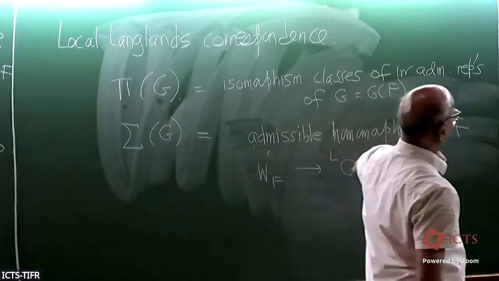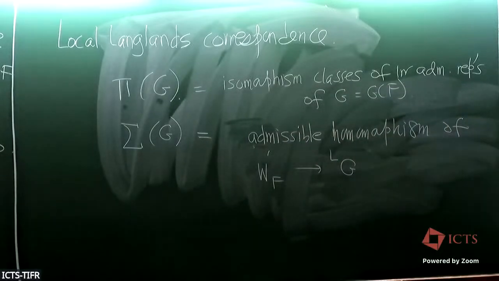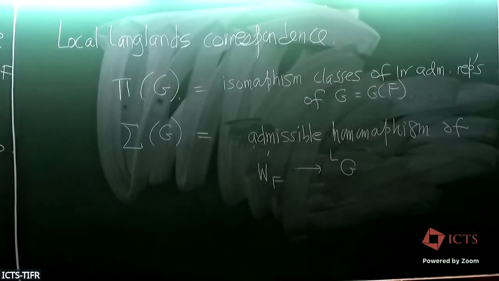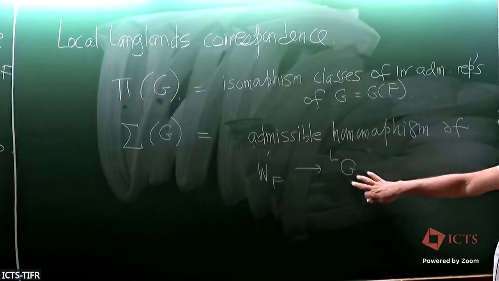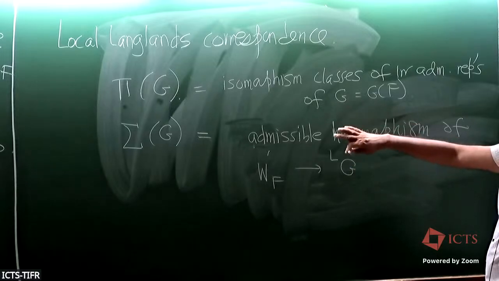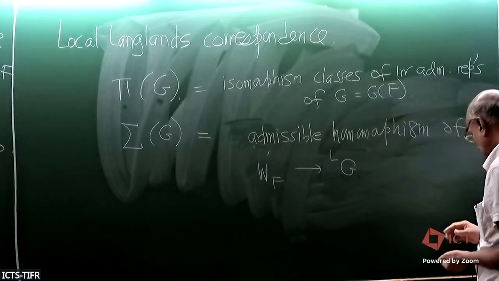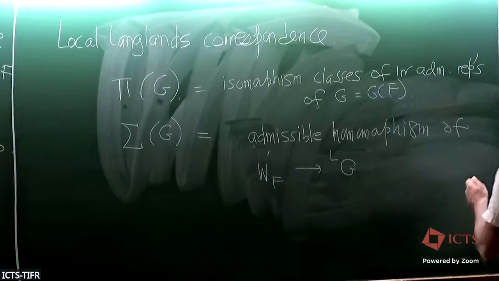For some time, I will restrict myself to G equals GL_N, in which case the L-group is nothing but GL_N(C), and things will be a little clearer.